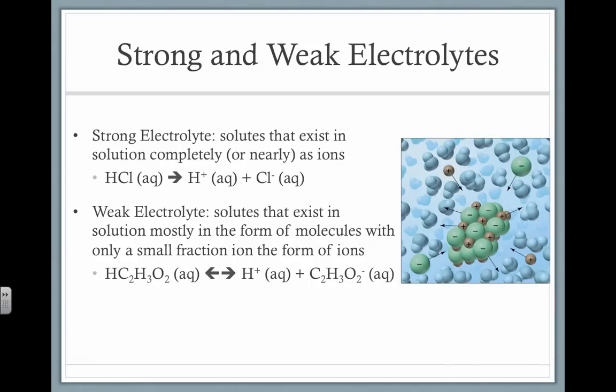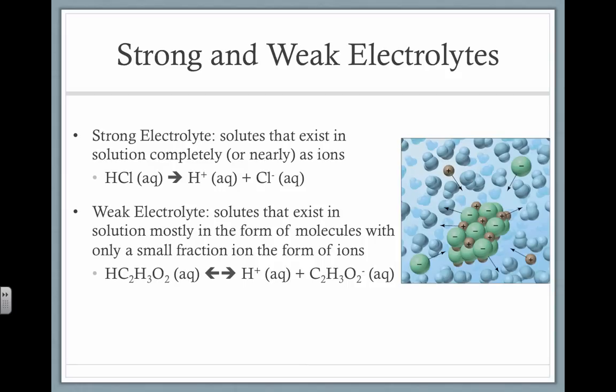As is shown in the first figure, there are different kinds of electrolytes. Some are strong and some are weak. Strong electrolytes are basically situations where the ionic compound completely ionizes in solution. Weak electrolytes are solutes where you only get a partial ionization.